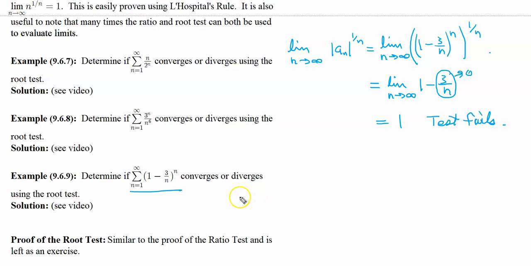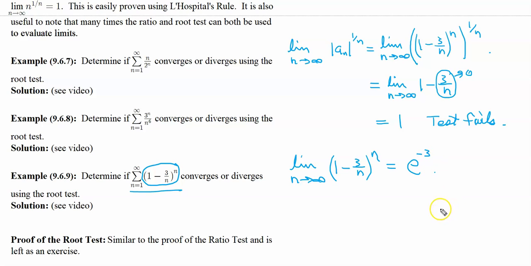So what we have to do is try to use some other test to determine if this series converges or diverges. Well, if we look at the a_n terms here, let's take note of something. If we look at the limit as n goes to infinity of those a_n terms, you should recognize that this is a common limit that we've run across before. This limit is going to equal e to the negative third power.